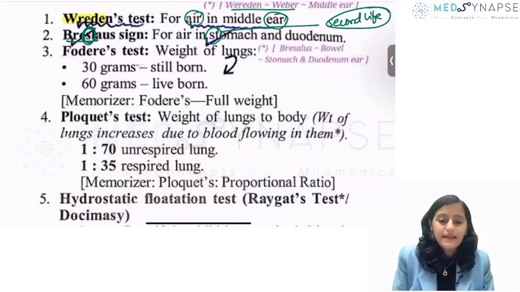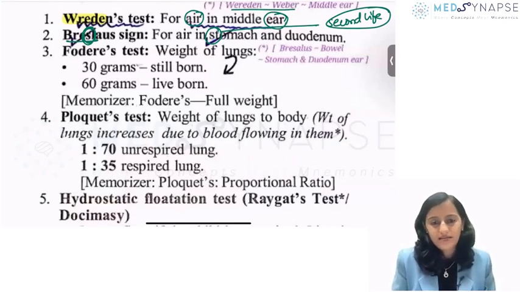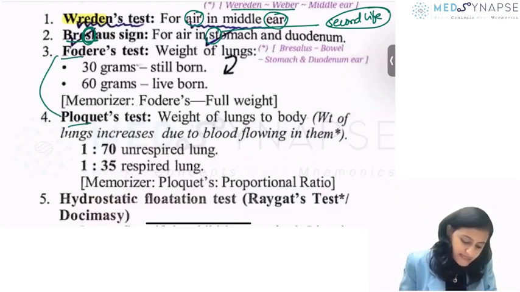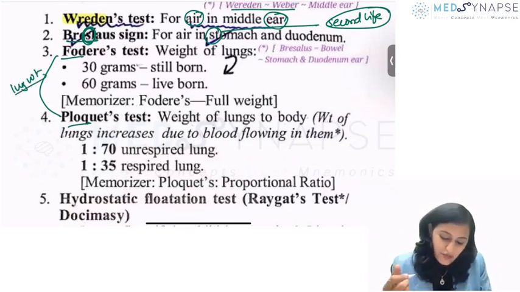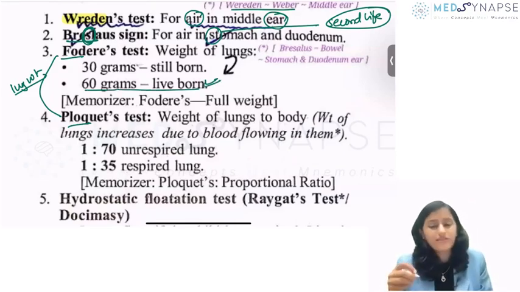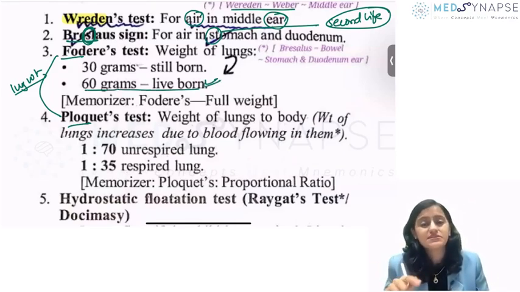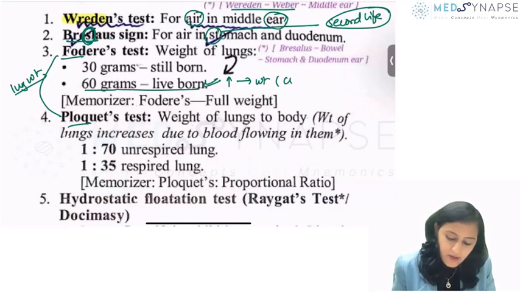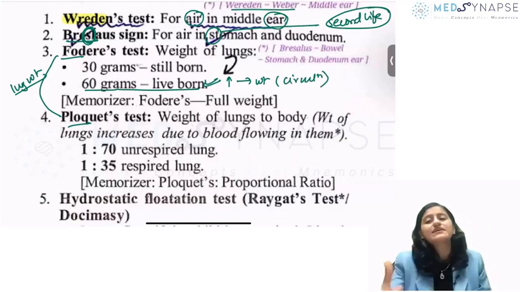Okay, next what we have is, nails ke liye kuch nahi lagega, bone, hair, nails और lung ke liye. Fortier's test and Plockett's test, this is basically for the weight of the lung. Weight of the lung is for stillborn and liveborn. If it is liveborn, the weight of the lung increases. The weight of the lung increases with liveborn because of the circulation, the blood coming into the lung.